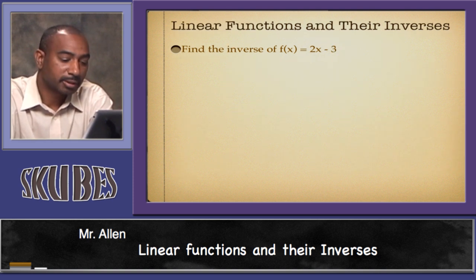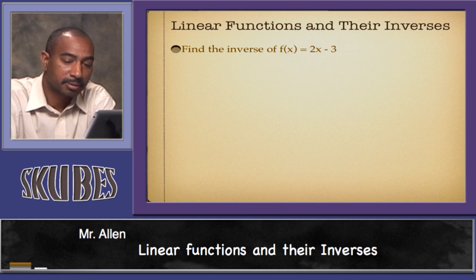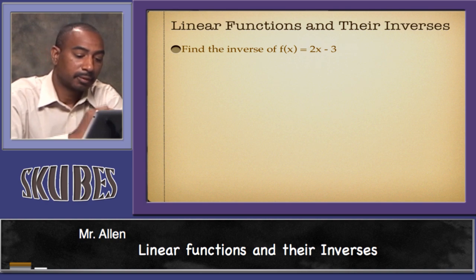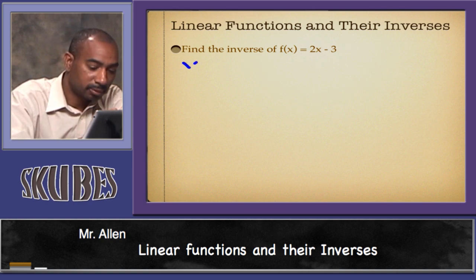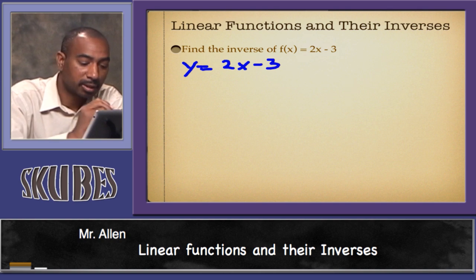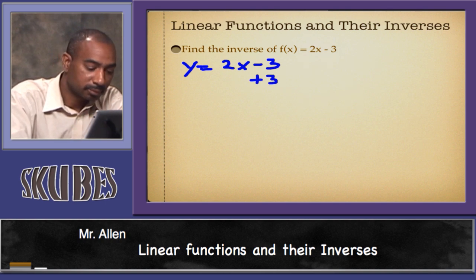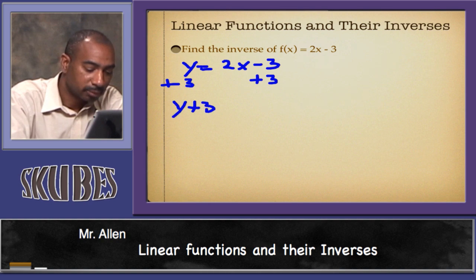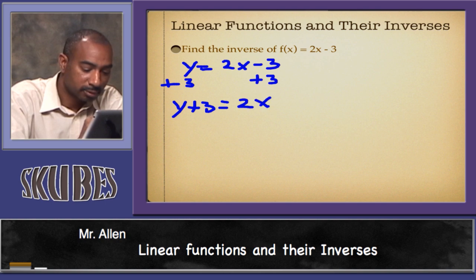Find the inverse of f of x equals 2x minus 3. Again, put y equals 2x minus 3, and I'm going to solve for x in terms of y. So I'm going to add 3 to both sides. So I get y plus 3 equals 2x.